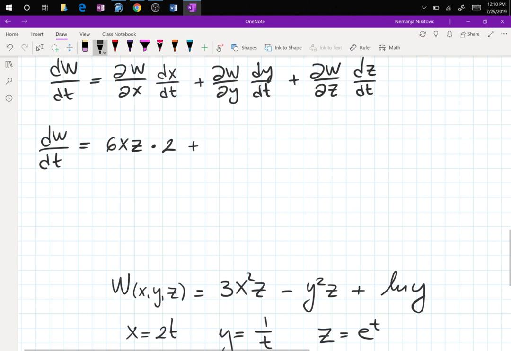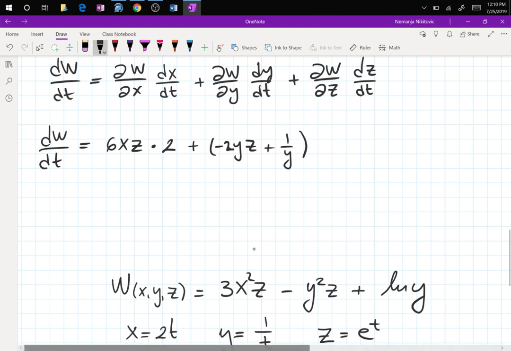Plus, now the derivative in respect to y. Well, first term has no y, so that's gone. I have negative 2yz, plus 1 over y, because that's my derivative of ln y. And I need to multiply this by the derivative of 1 over t, which is negative 1 over t squared.